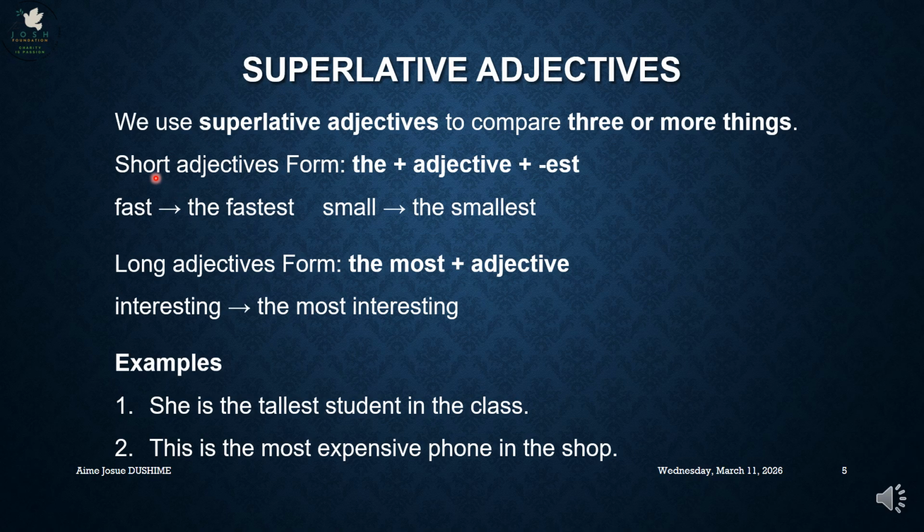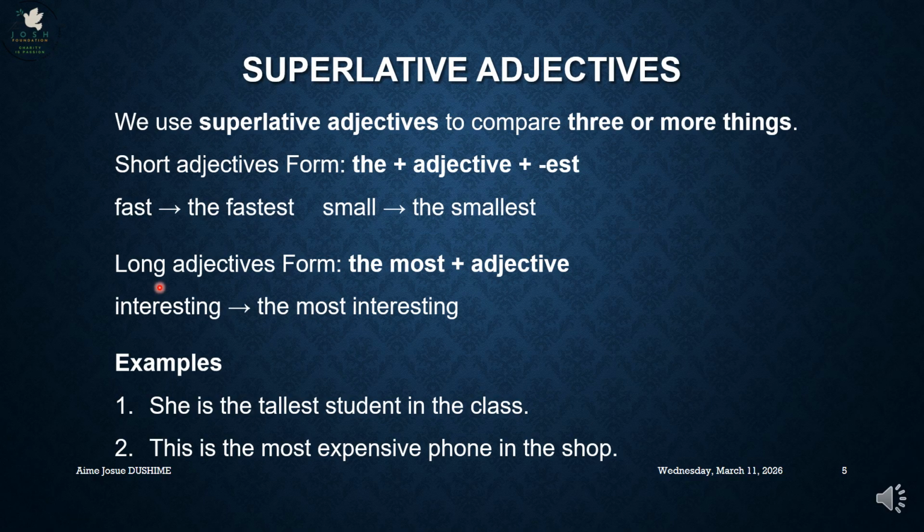We form short superlative adjectives by taking the plus adjective plus est. The fastest, the smallest, the tallest, the biggest, the largest, the youngest, the oldest.